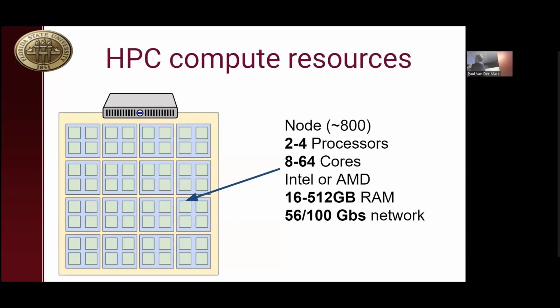So this is a representation of compute nodes. Currently, we have around 800 nodes. It's like 800 servers. Some of them have 2 CPUs, some of them have 4, some of them have 8 cores, some of them have 64. They can be Intel, they can be AMD. Some have very limited memory, although the 16 gigabyte ones have been phased out now.